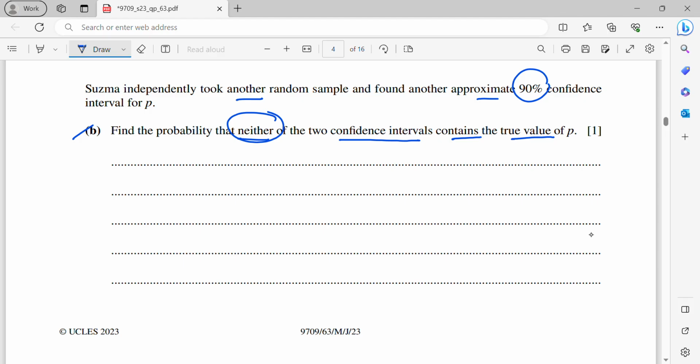That's the question here. Okay, so from here we know that if 90% confidence interval, that means, right, 90% is the 0.9, I would say 0.9 is the probability that the interval contains the true P.